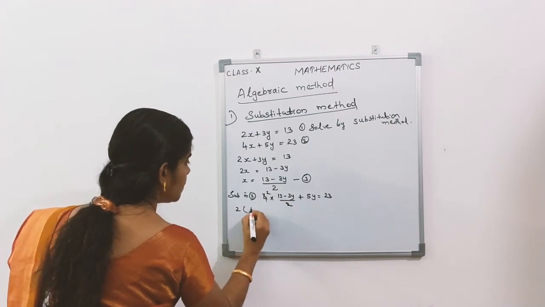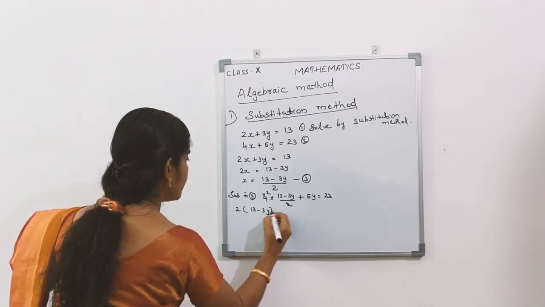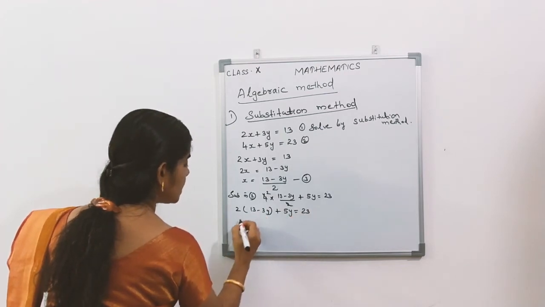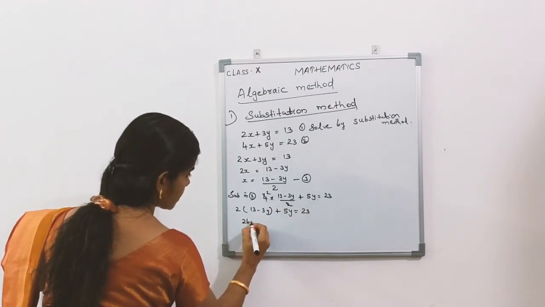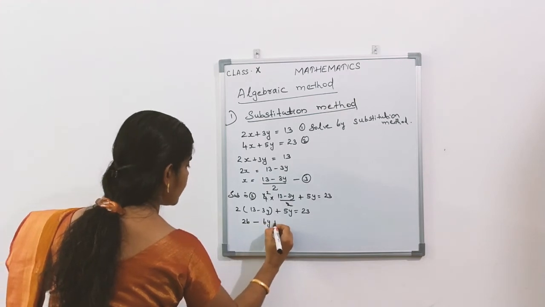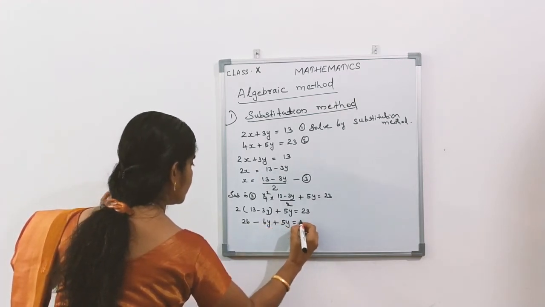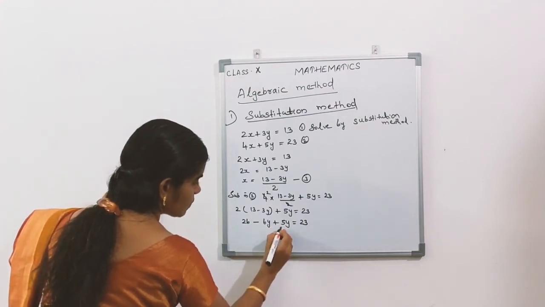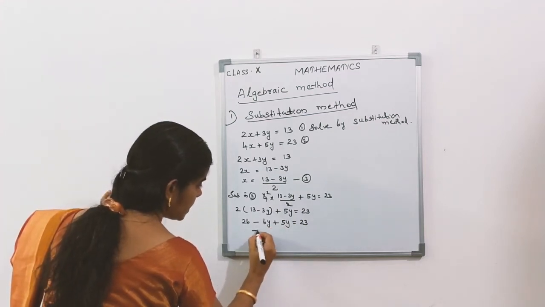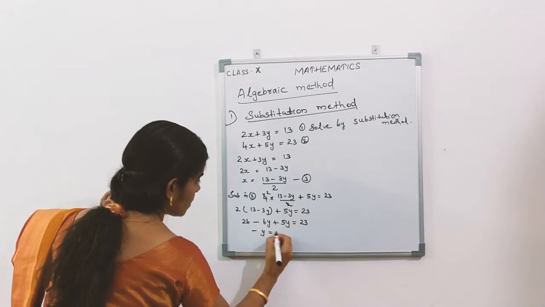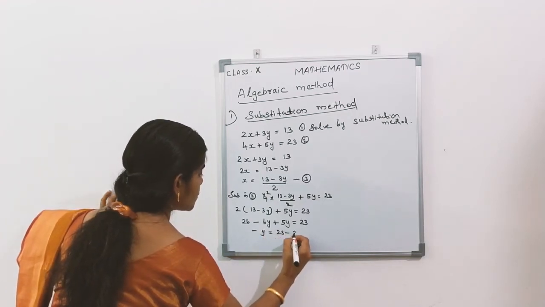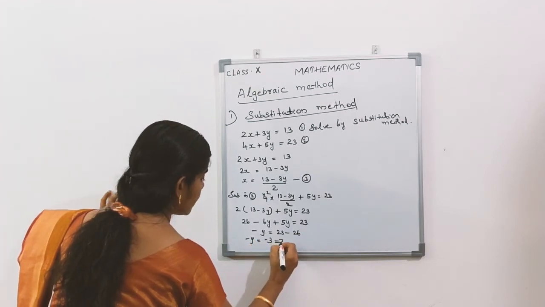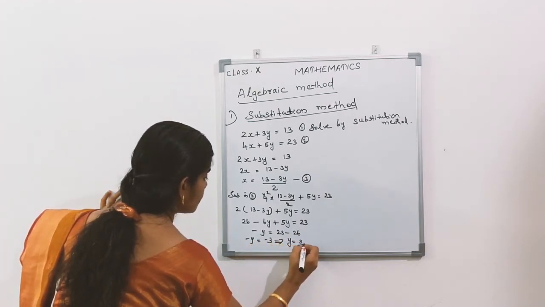Then 2 into 13 minus 3y plus 5y is equal to 23. 2 into 13 means 26 minus 6y plus 5y is equal to 23. Then minus 6y plus y means minus y is equal to 23 minus 26. Then minus y is equal to minus 3, that means plus y will be plus 3.